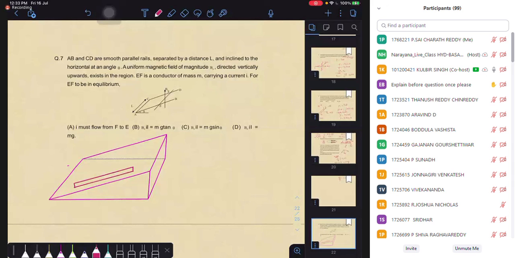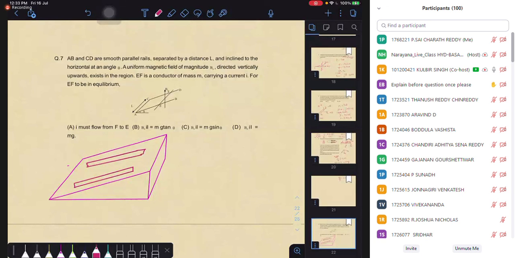This is my rail number 1. One more rail we can put here parallel. So two parallel rails are given here.